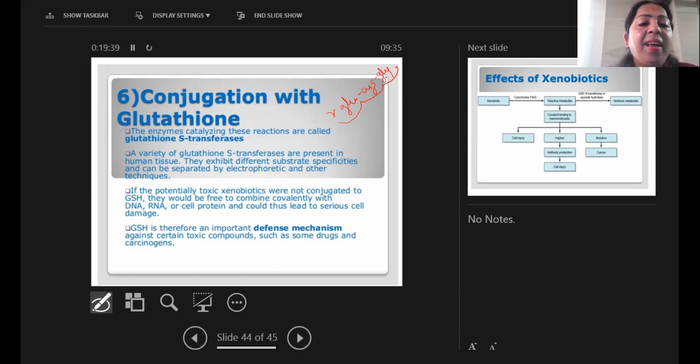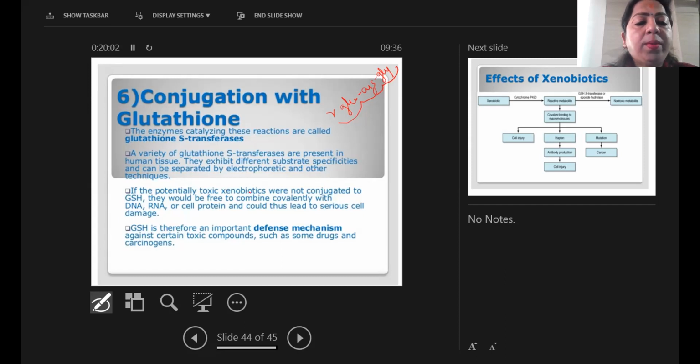The enzyme catalyzing these reactions is called glutathione S transferase. A variety of glutathione S transferases are present in human tissues. They exhibit different substrate specificities and can be separated by electrophoretic and other techniques.